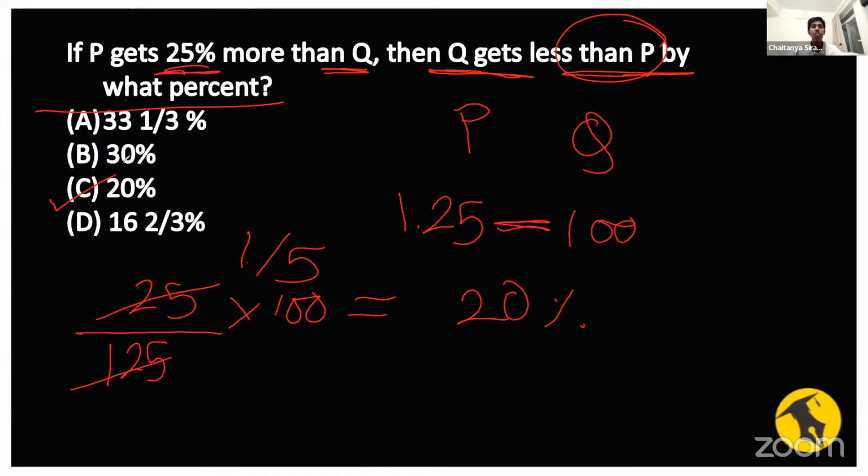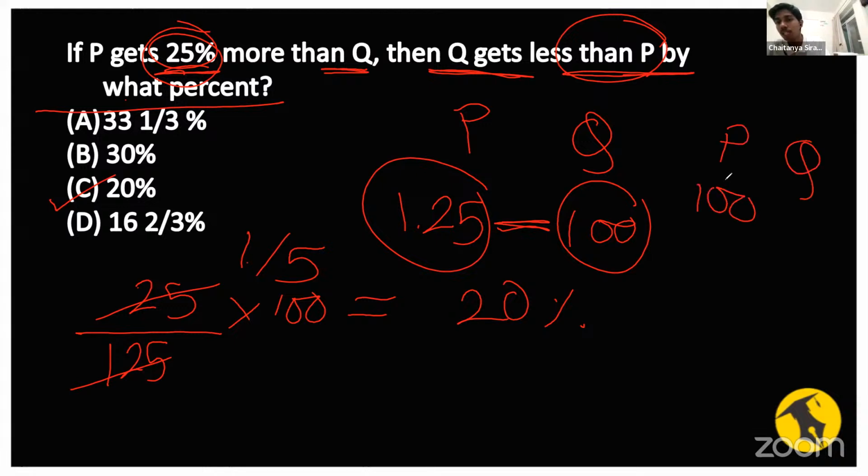I'll repeat. If P gets 25% more than Q, then Q gets less than P by what percentage? I assumed Q as 100. I can assume P as 100 as well, but it says P is 25% more. What students usually go wrong with is when they say P is 100 and then they say Q is 125%, since they forget this "more" term.